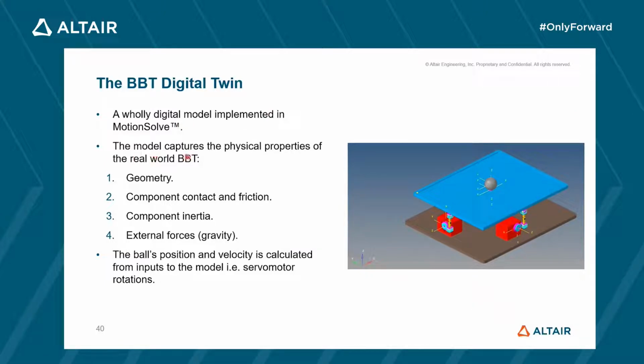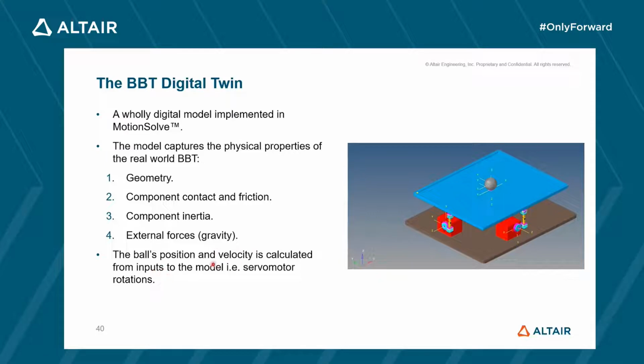So the model captures all of the physical properties of the real world ball balancing table. It has the same geometry, the same component contact and friction also. It has the same component inertias, which means you can accurately estimate how long it would take to move in a certain way. And it also includes the external body forces like gravity.